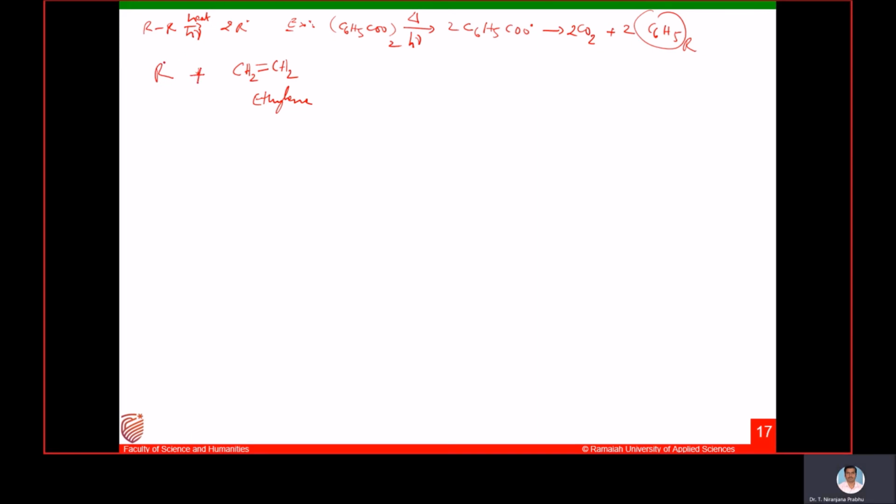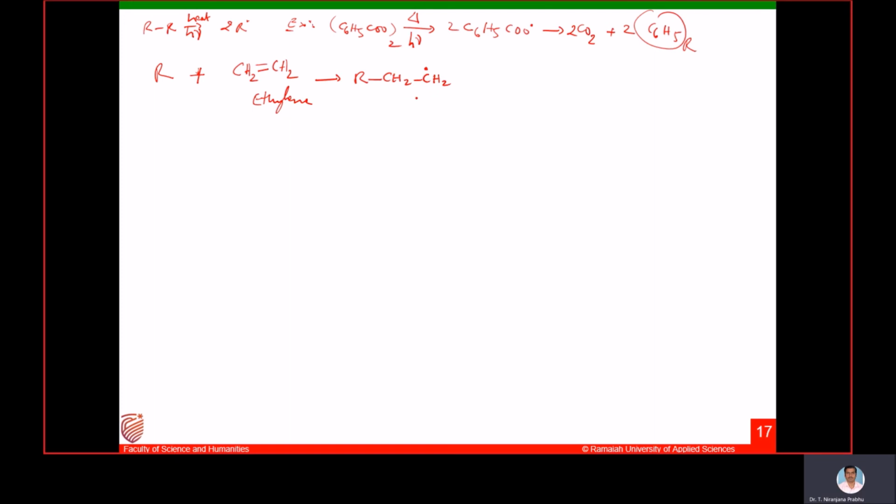R, this free radical, is highly unstable in nature. This can attack the double bond of this monomer. It forms R-CH2-CH2 dot. Always you should write the dot on carbon, because the bond formation occurs on carbon, not on hydrogen.